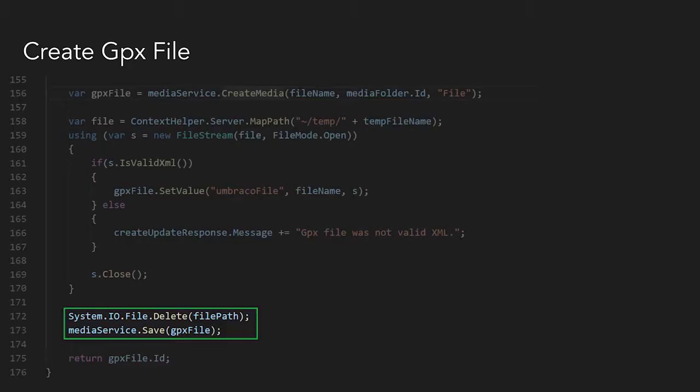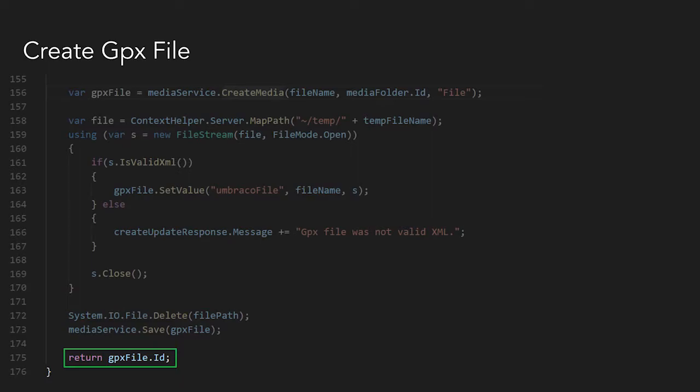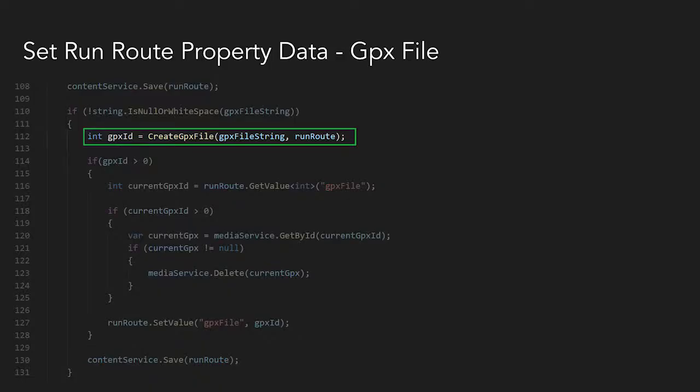If it isn't valid, we're going to let them know in our response. If it is, it will get set to that file. Happy days. We can now delete that temporary file, save it to the media using the media service, and then we can get an ID, and then we can update our media picker, and we create our GPX file.